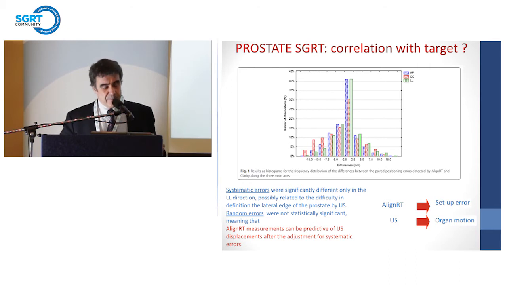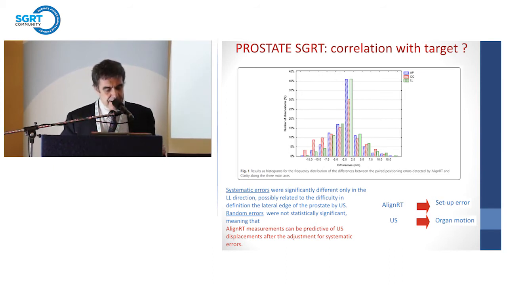We thought that probably this could be related to the fact that the lateral aspect of the prostate is quite difficult to analyze and to detect precisely by using the ultrasound.